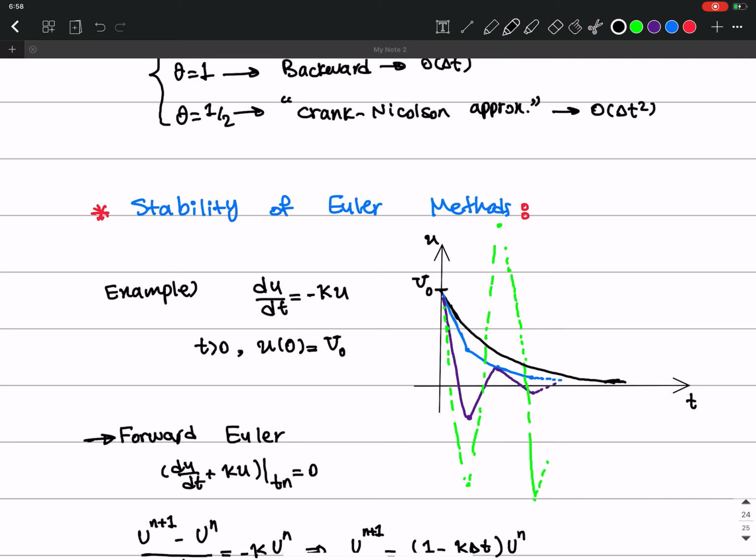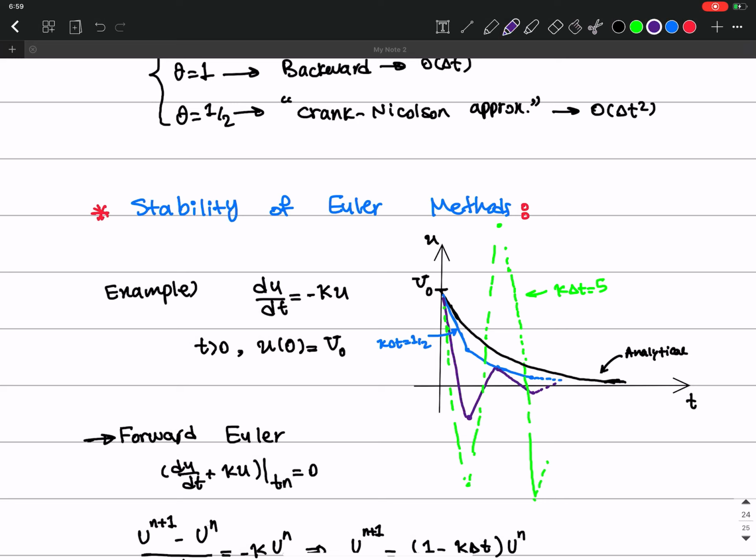So this is, let me see, this is the analytical solution, this is kappa delta t equals 5. This line is kappa delta t equals 1/2.